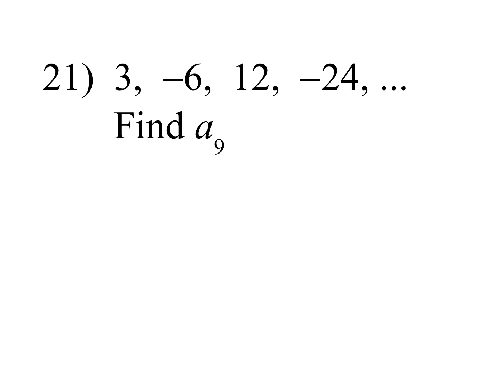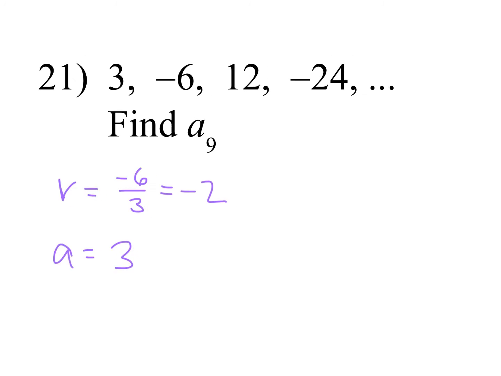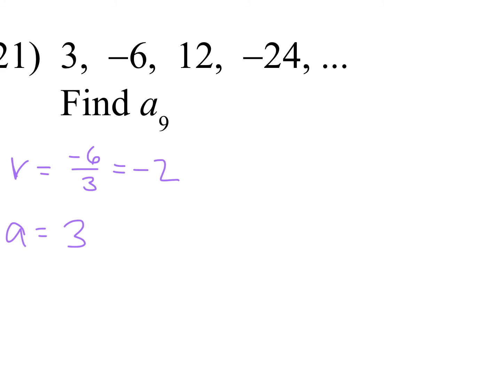What's our common difference, or our ratio? Negative 6 over 3, which is negative 2. And what's our first term? 3. So plug that in. We have a sub n is equal to positive 3 times negative 2 to the power of n minus 1.